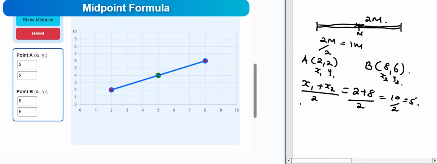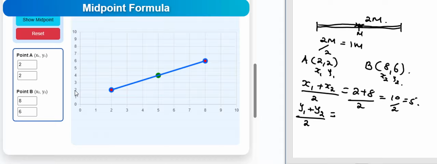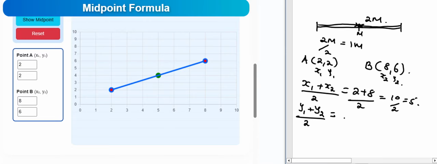At the y-axis, I'll take y1 plus y2 divided by 2. In this case, our y1 was 2 and our y2 was 6. So I take 2 plus 6 divided by 2, which is 8 divided by 2, which is 4.